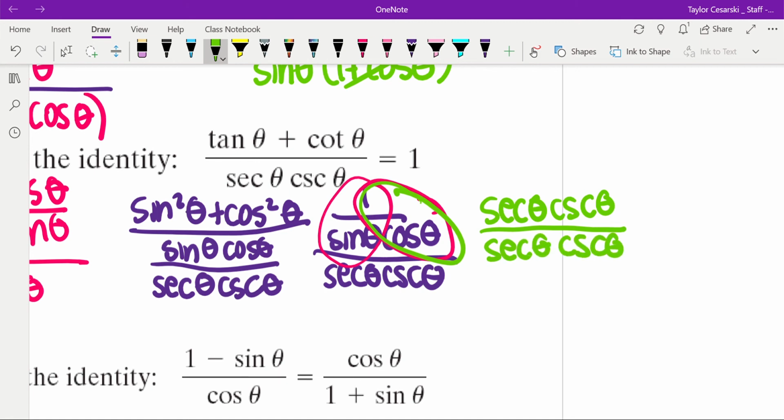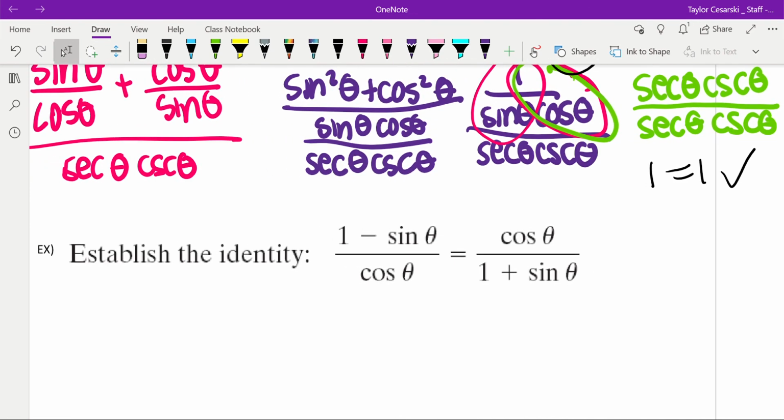Now you could have written out the bottom as 1 over sine, 1 over cosine, and done all that algebra, but being able to recognize that will save you some steps. When I divide the same thing on the top and the bottom, I get 1. 1 equals 1, so we can check it off.